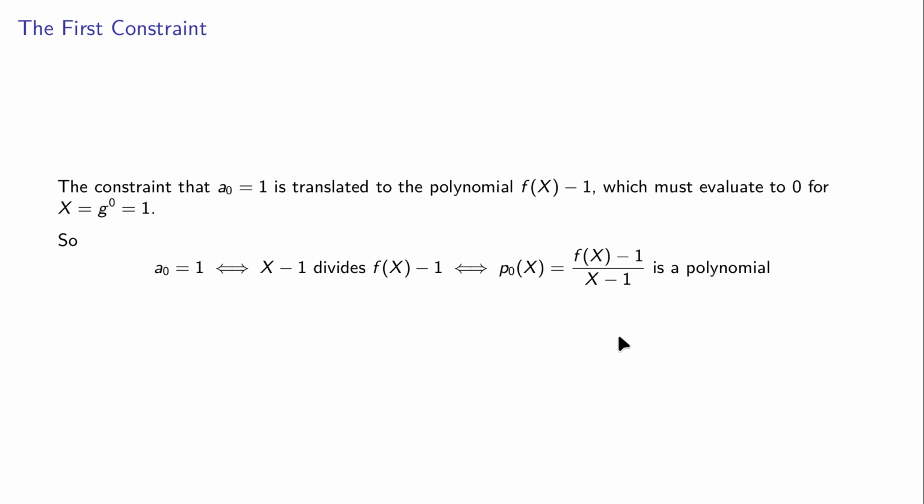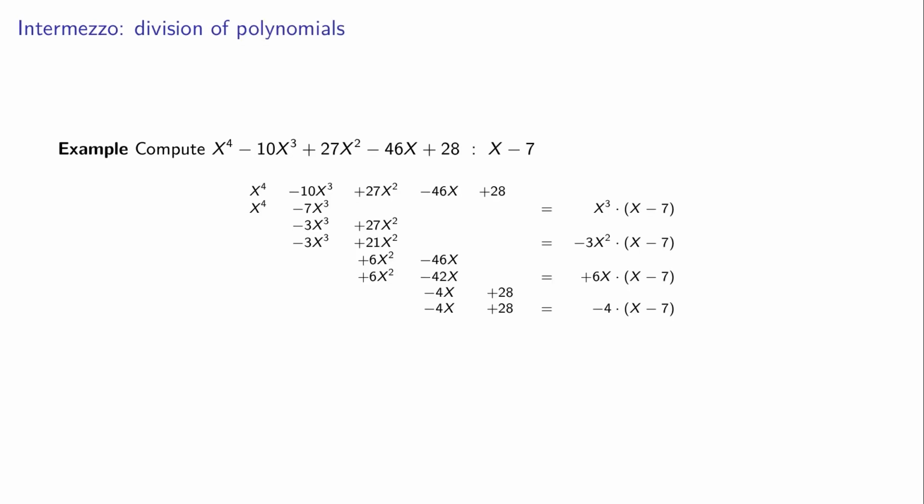So let me talk briefly about division of polynomials in case you're not familiar with it. Here we are dividing this 4th-degree polynomial by x minus 7. So the algorithm is quite intuitive. Here we have x to the power 4, so we must multiply x minus 7 to make sure that x to the power 4 appears here.